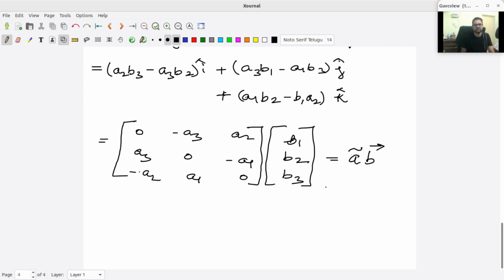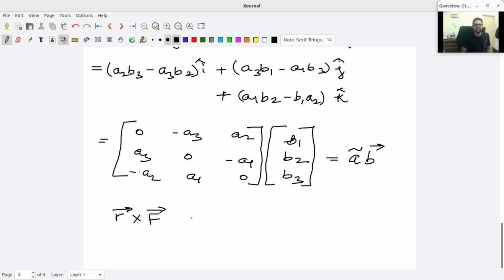In these videos we will come across cross products of distance r cross force f. Since we are looking at only planar vectors, your r will have only 1 and 2 components, or x and y components, and force will also have only 1 and 2 components.